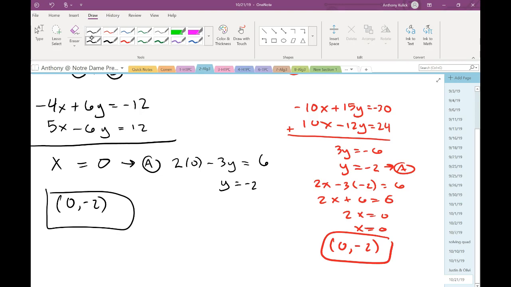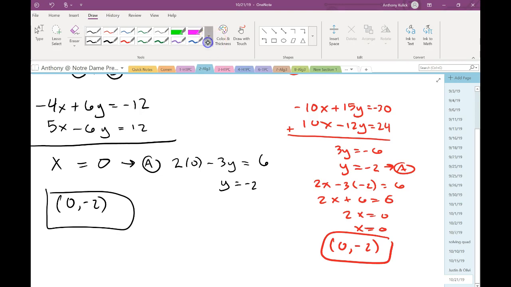You can use both. Yeah, you can use either one. They both work all the time. For me personally, for these two variable problems, it would depend on the setup. In a problem where x and y are both on the same side, I'm probably going to use elimination. If I have an equation where I already have an x or a y isolated for me, I'll probably do substitution. But it doesn't really matter.